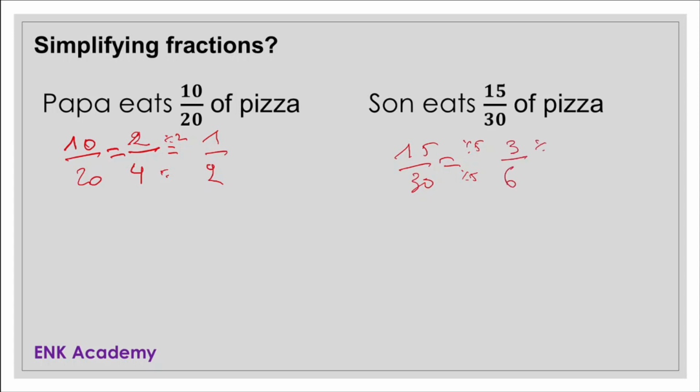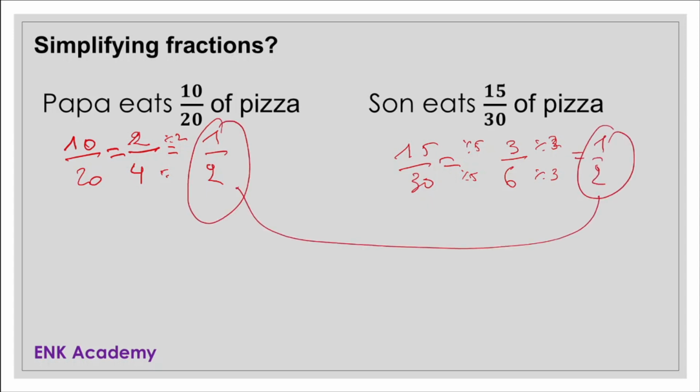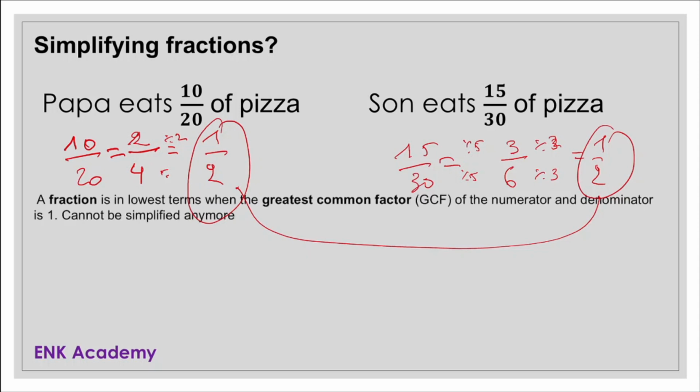We can still divide by 3 for both sides, and then we have 1 over 2. As you can see, after simplifying, we find out that those two fractions are equivalent, and that means they have got the same size of pizza.